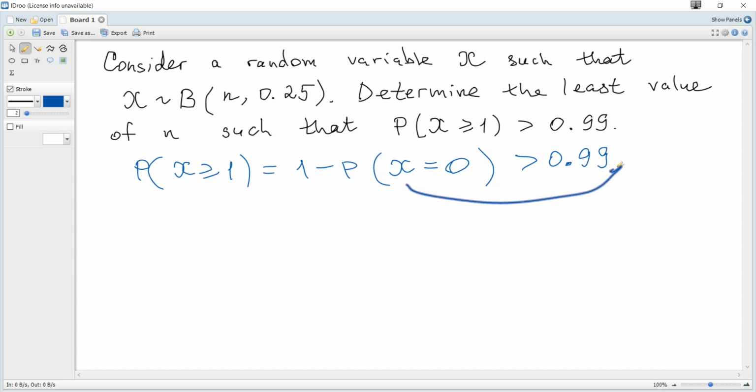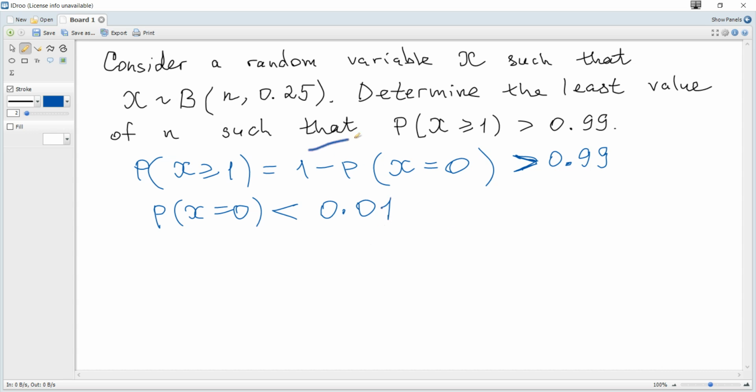So if we move it to the right, it becomes less, not greater, because you can see p becomes less than 1 minus 0.99, which is 0.01.